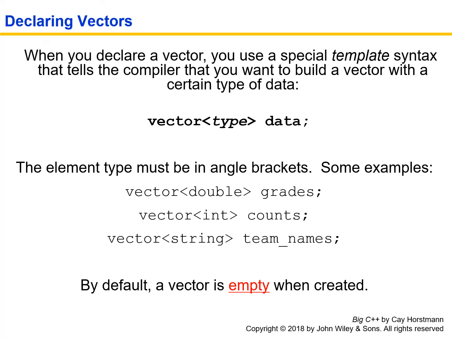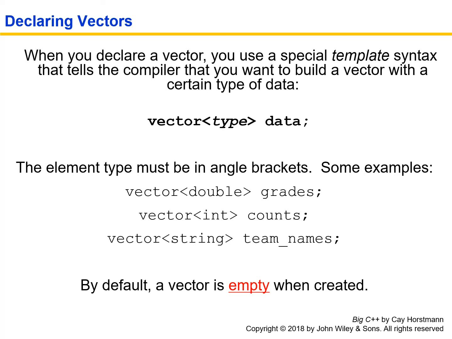It can hold a string, it can hold a car, it can hold a double or an int or a bool, but you have to tell it when you create the vector what kind of data it's going to hold. So you can create a vector of doubles called, say, grades, a vector of ints called counts, a vector of strings called team names.